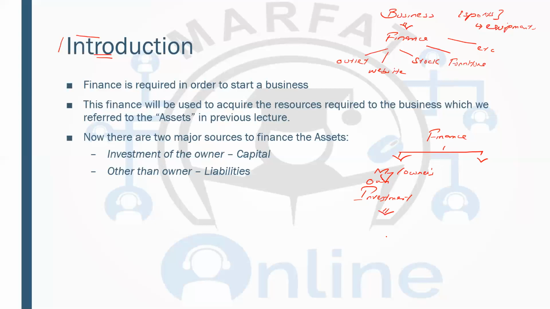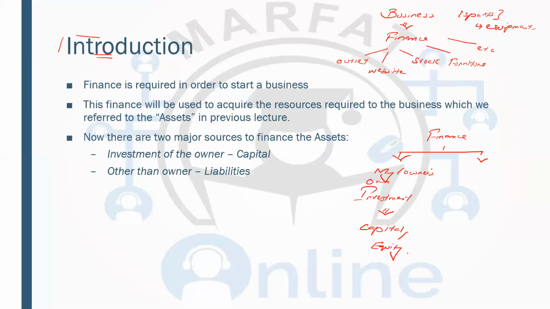And if you remember the terms chapter, my own investment or the owner's investment is known as the capital. We discussed this in the previous lecture, that capital is the investment of the owner. That is known as the capital. We also call it equity.